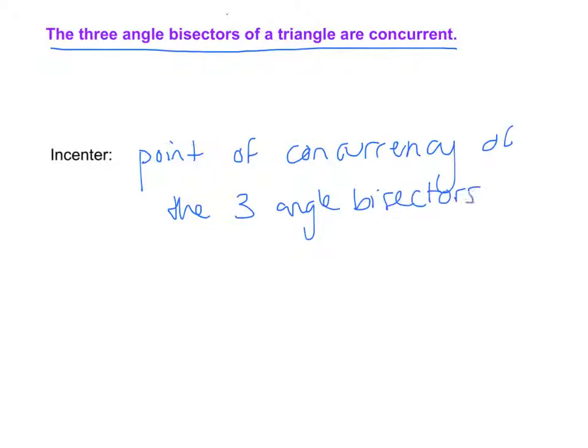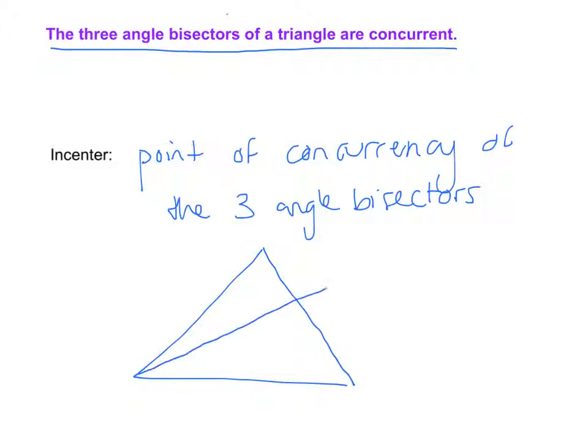It's going to look something like this: we have a triangle, and then the angle bisectors go like this, and like this, and like that. I know my drawing isn't perfect, but they're all going to intersect in a single point, which is the incenter.